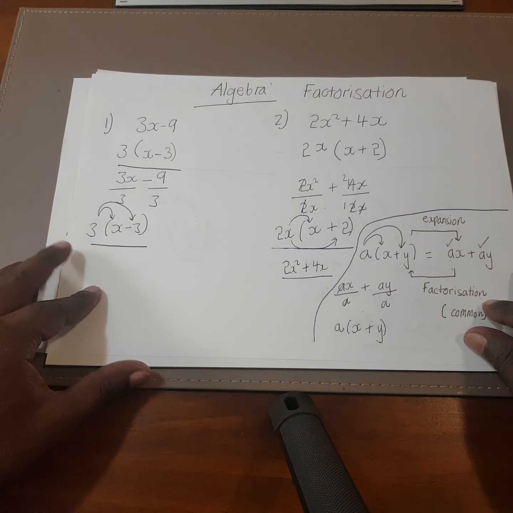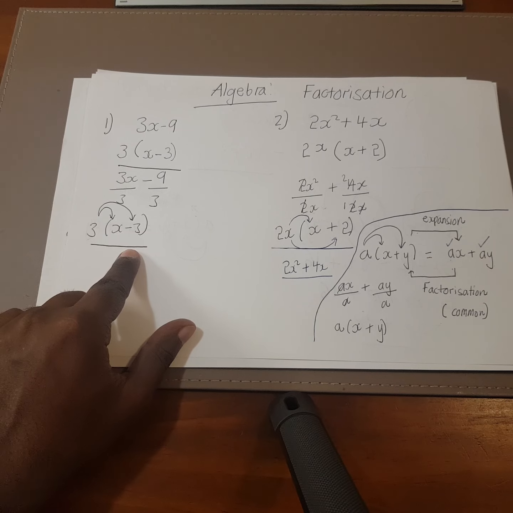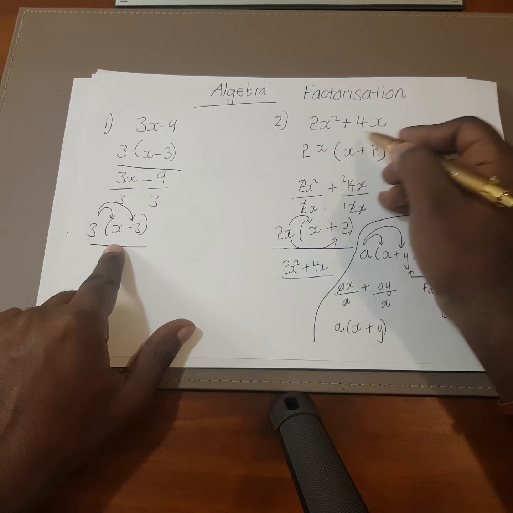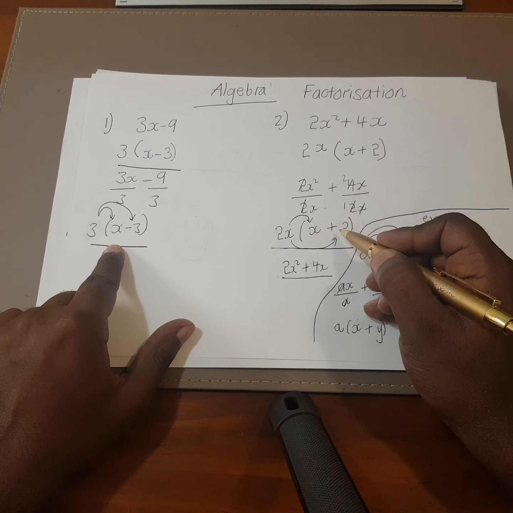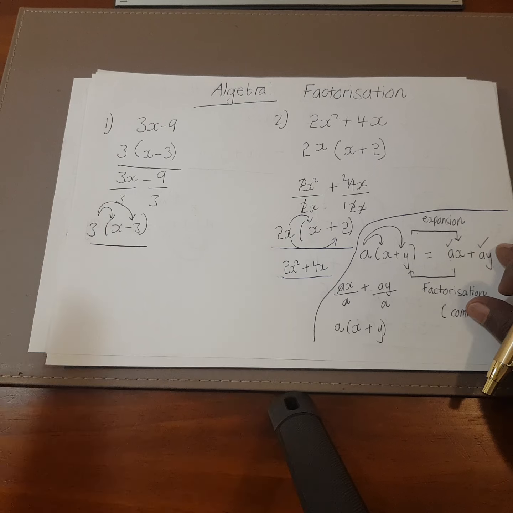So always remember, when you're factorizing, your answer needs to have a bracket. If you look at this question, the answer had a bracket here, and for this question the answer had a bracket here. The next thing you need to do is find out what is common between the respective expressions. What is that number or letter, or both a number and a letter, that can be divided easily into the two expressions in a question?